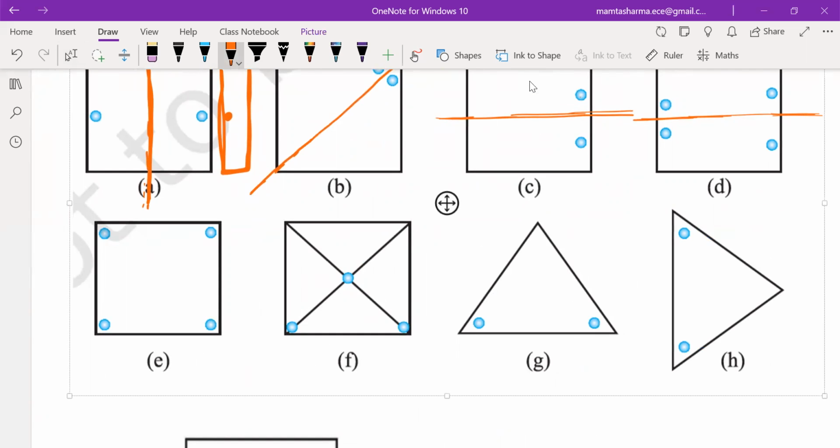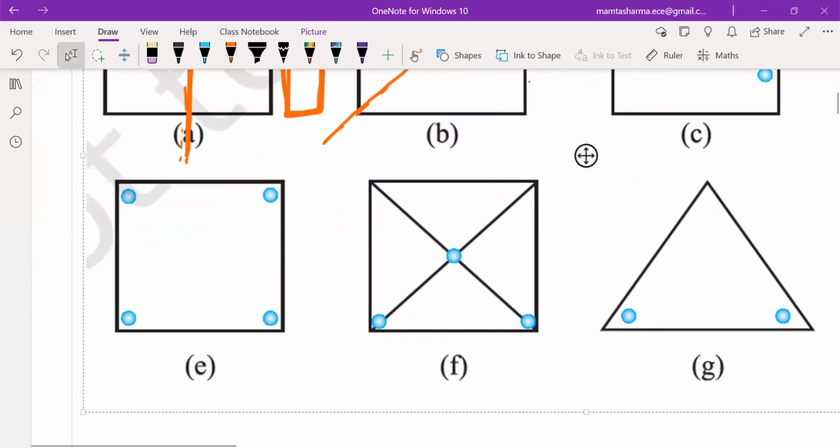Yes, ma'am. Ma'am, E1, right? Yes. How would you draw the line of symmetry? Ma'am, from the top and from the horizontal side, or vertical? Ma'am, horizontal.